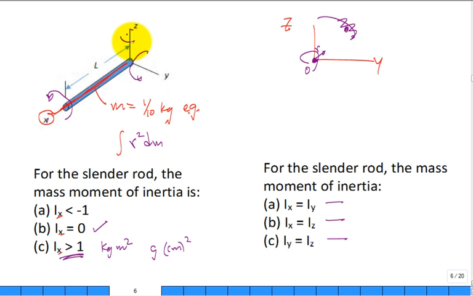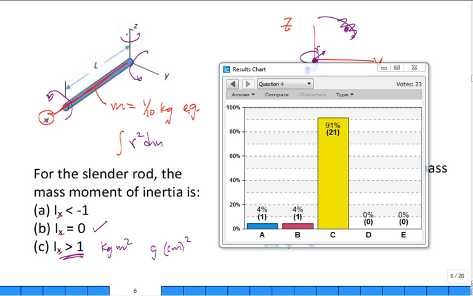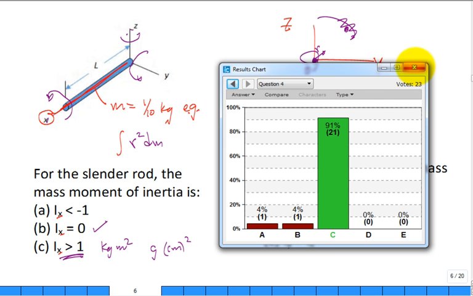Or if you're looking at Iz, it's how it would spin, or have resistance to spin, or inertia with respect to spinning in the xy plane. And so what's the same? The y and z, isn't it? So let's go ahead and look. And we had quite a few correct. That's very good.